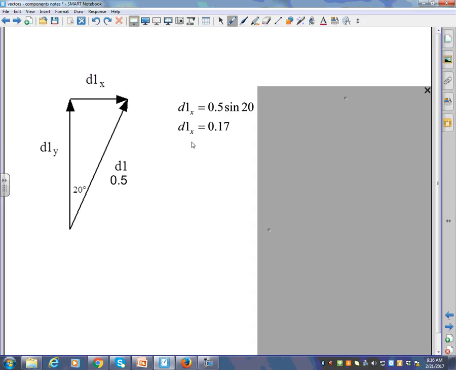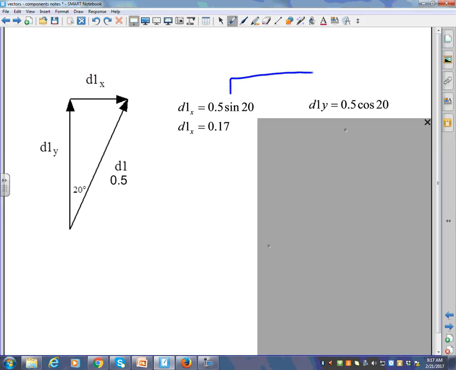D1x, the x component of D1, displacement 1. So D1y would be 0.5 cos 20. Are these always going to be the same, just one sine and one cos? Yep. That's going to give you 0.47. Also positive because it's up.